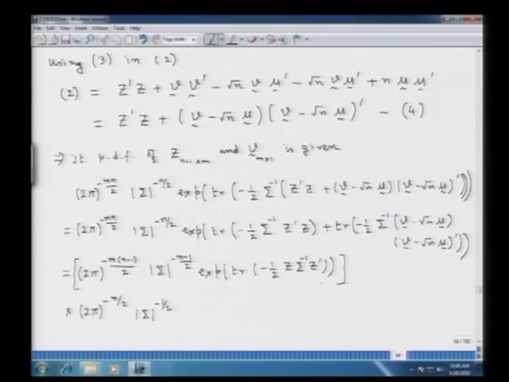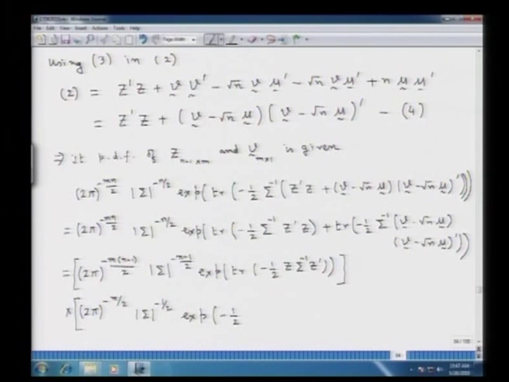So this is the first expression, multiplied by the second expression, and what do we have in the second expression? The second expression for the exponent is e to the power trace of this particular quantity. So we will have that written as e to the power minus half. Now once again realize that we have a trace of these two quantities, so we can write trace of AB equal to trace of BA.